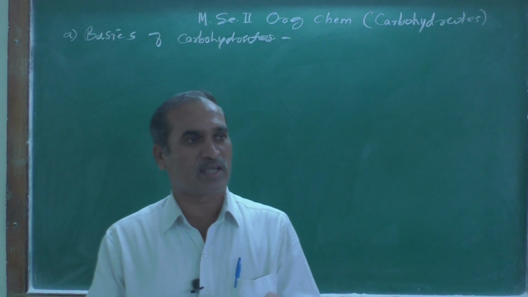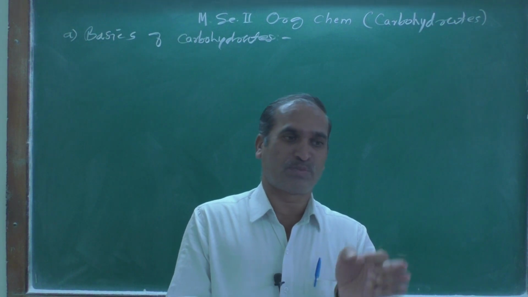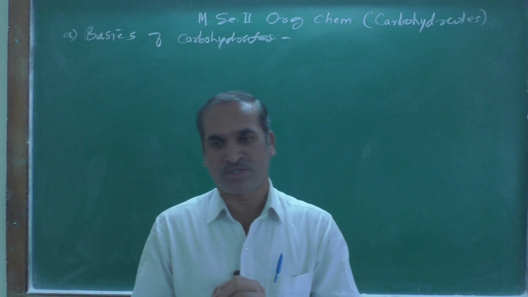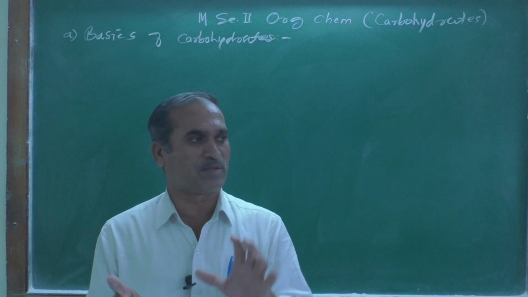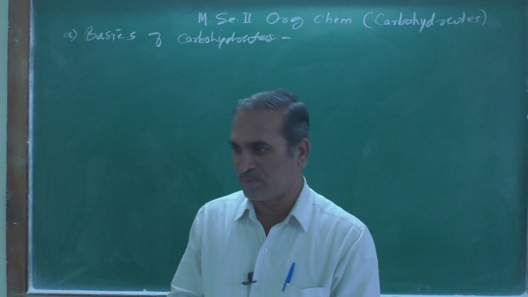Now let us see lengthening the carbon chain of the aldose. As we know, there is a nomenclature system we already learned. Nomenclature means the systematic way of giving the name of an organic compound.